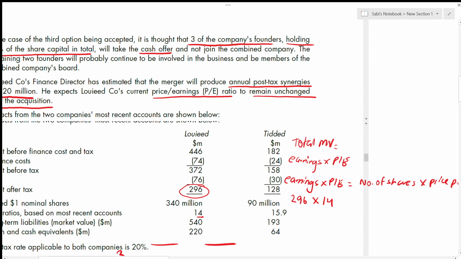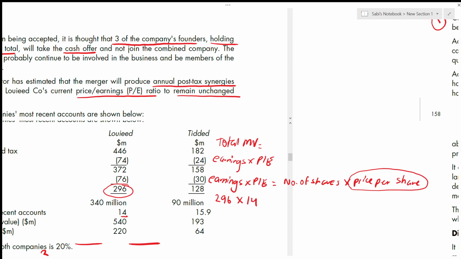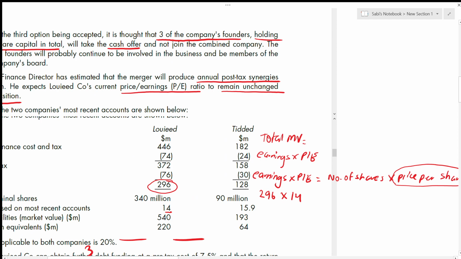So for price earning ratio, earnings, right? This is how you have to start. For price earning ratio, PE, price per share divided by earnings per share. Price per share, we don't know, we have to find out. How are we going to find price per share? This component we need to find, right? And you are given the figure. Earnings per share, right?